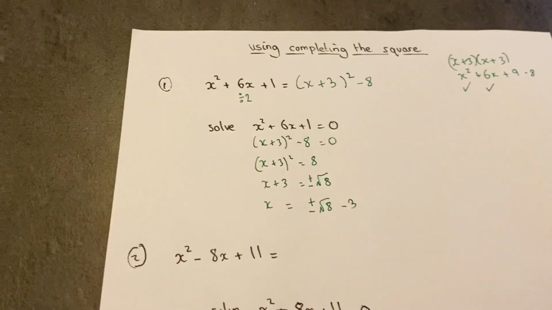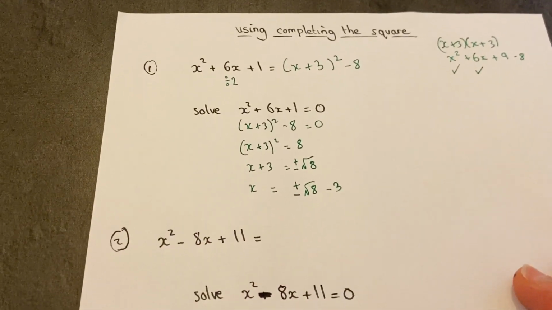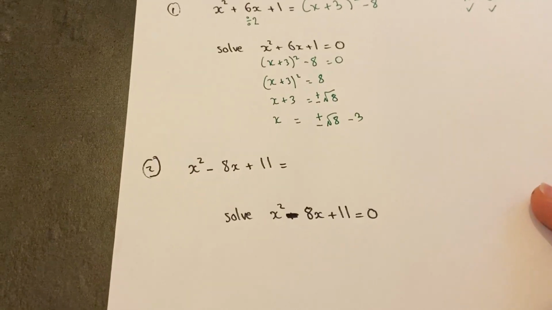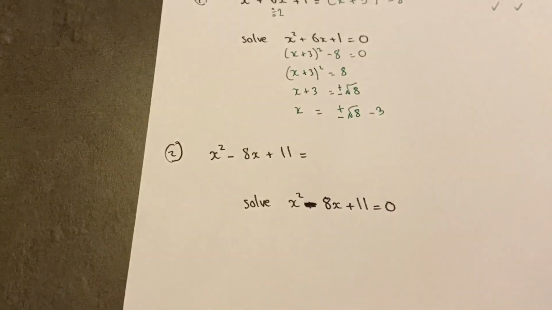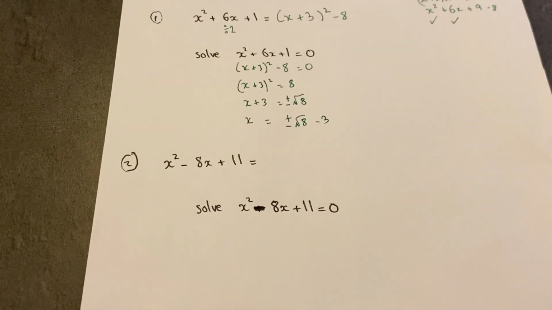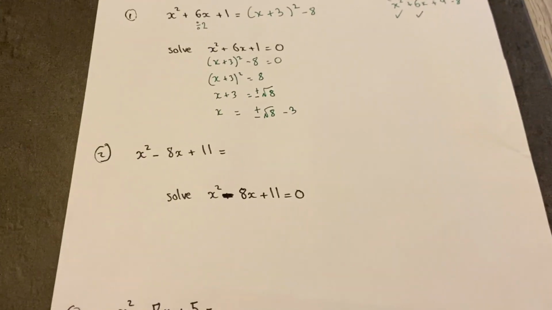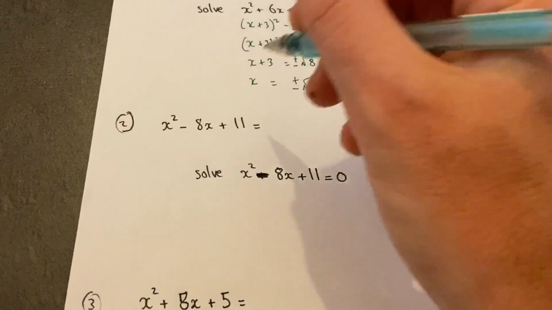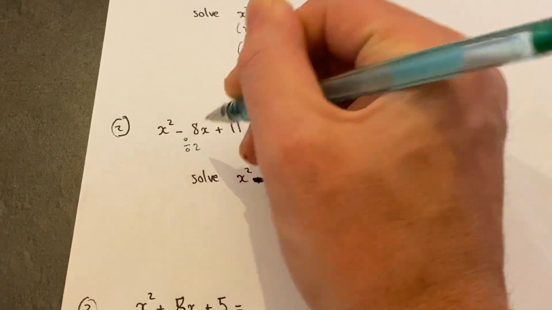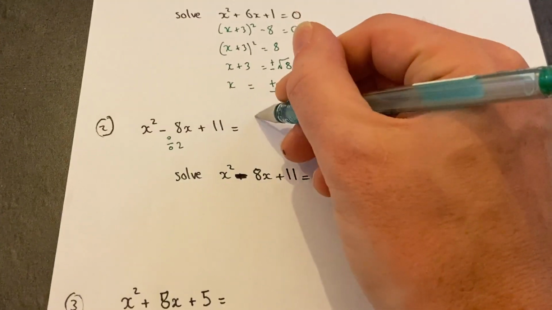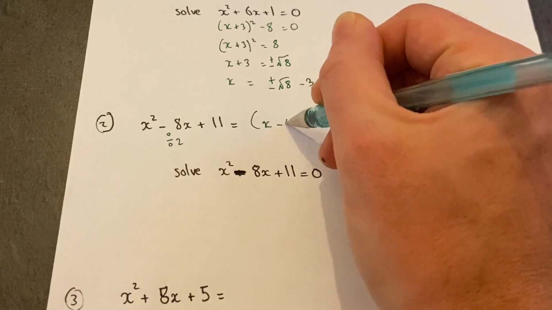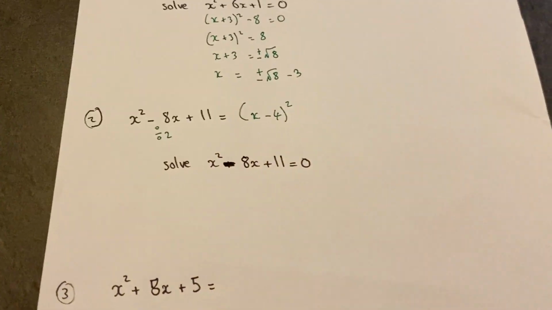So to review that, we'll look at a second question. The same method, but this time there is a minus 8x rather than a plus 6x. So the method was, again, we always have the x coefficient. So I get an x, but in this case I get a minus 4 squared.